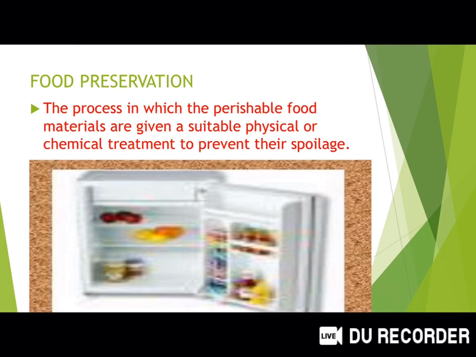This is the process in which perishable food materials are given a suitable physical or chemical treatment to prevent their spoilage. By physical or chemical treatment, we can preserve the food for later use. Food items which we store for longer use, for later use, we preserve using different processes and methods.